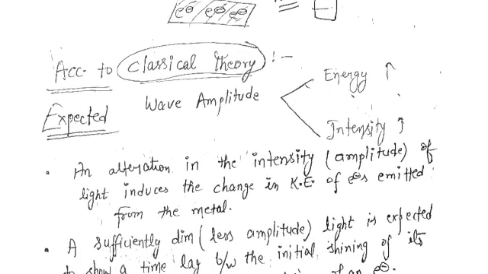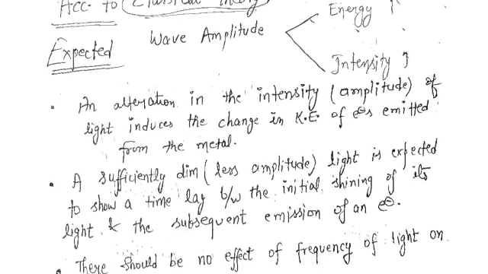Now the expected result was that if we change the intensity, that means if we change the amplitude of the wave, or the energy of the wave, it will change the kinetic energy of the emitted electrons from the metal.